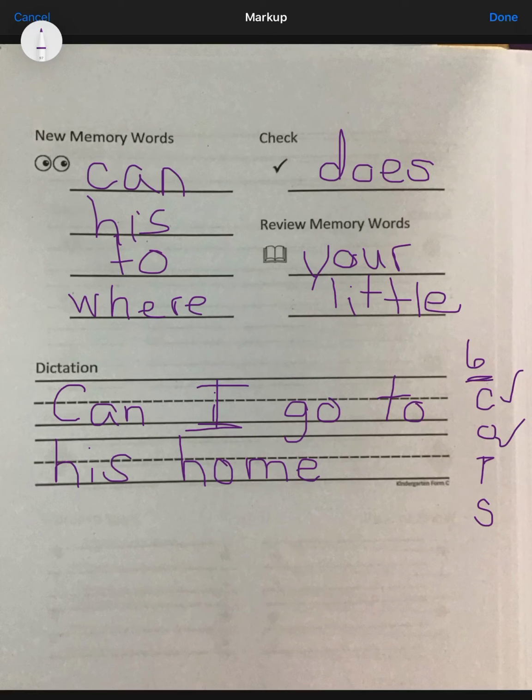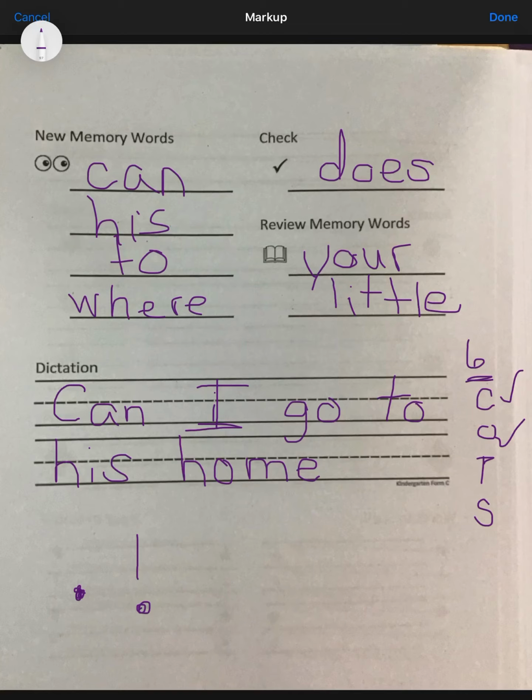Because usually my sentences, I put a period because I'm telling you something. What are the other 2? You could have an exclamation point. And that's if you're excited. But am I going, can I go to his home? No, that's not how I'm saying it. I'm saying, can I go to his home?